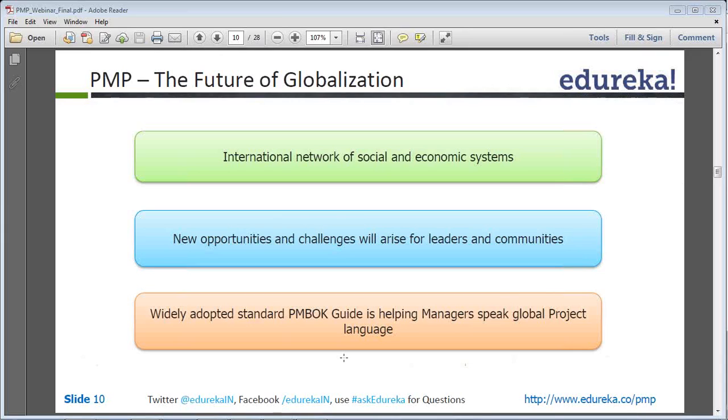The widely adopted standard PMBOK guide is helping managers to speak the global project language. Because people are following one particular guideline, one best practice, everybody speaks the same language. So people anywhere in the world can be part of the same project and can understand what one another is saying.